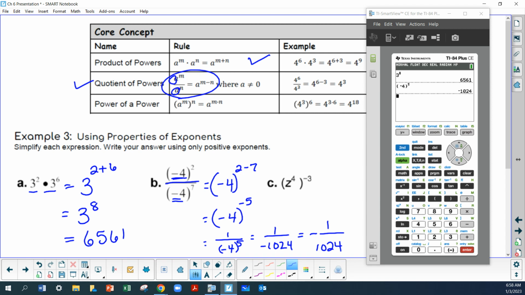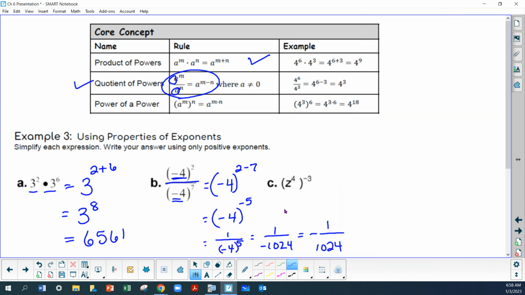Up top, middle, bottom. Bottom's not very conventional. Why did that stay negative? Well, if we're raising a negative to an odd power, we're going to have an odd number of negatives multiplied, which will result in a negative answer.